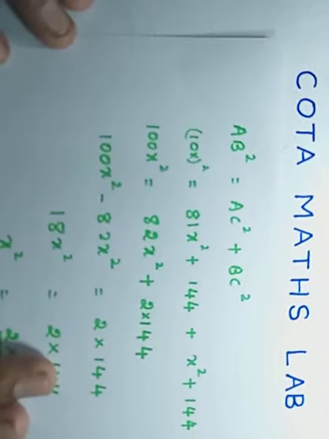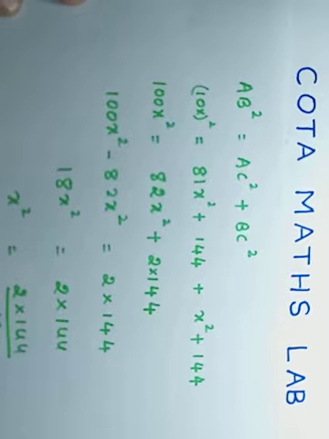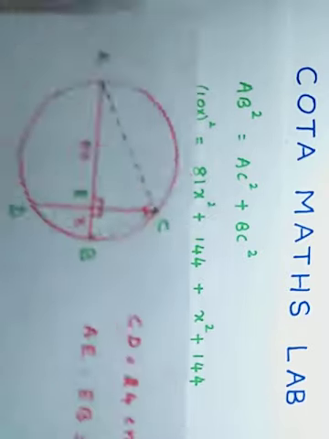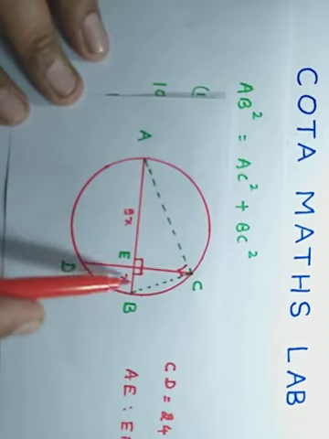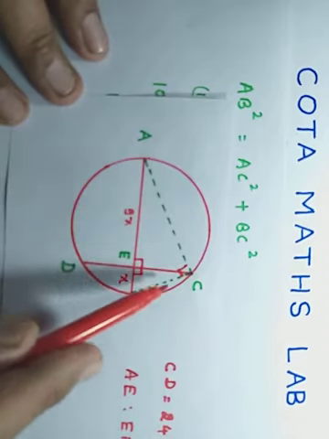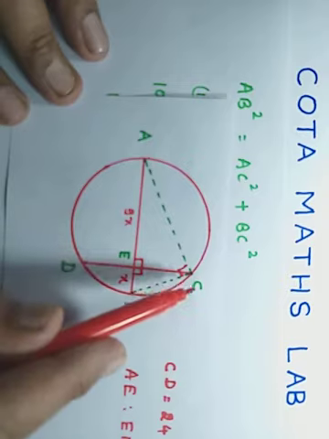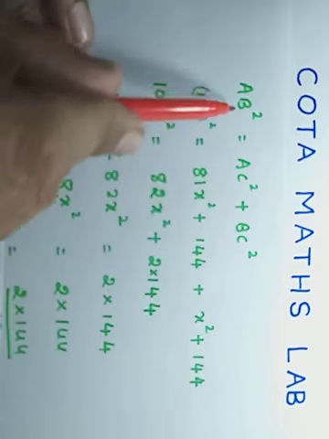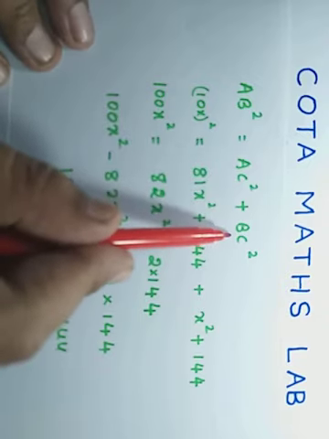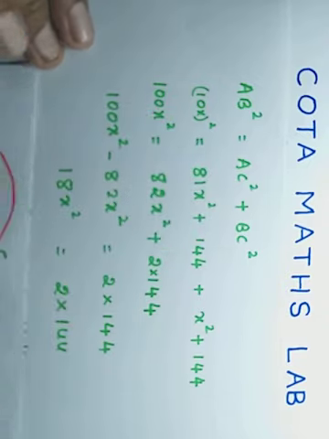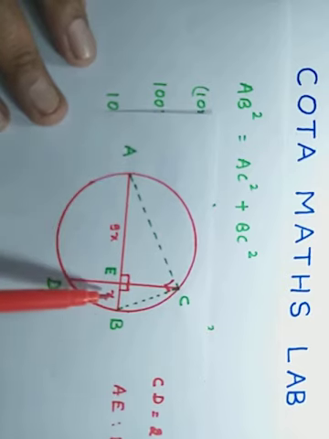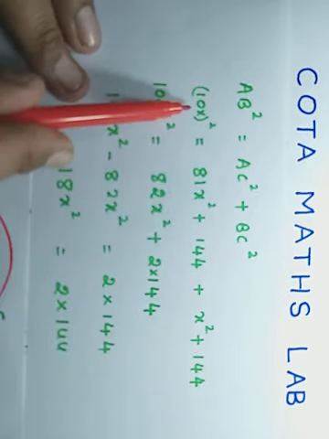And hence AB square is equal to AC square plus BC square, that is, hypotenuse square is equal to side square plus side square. AB, that is the diameter, is 9x plus 1x, therefore it becomes 10x, and we write 10x whole square.